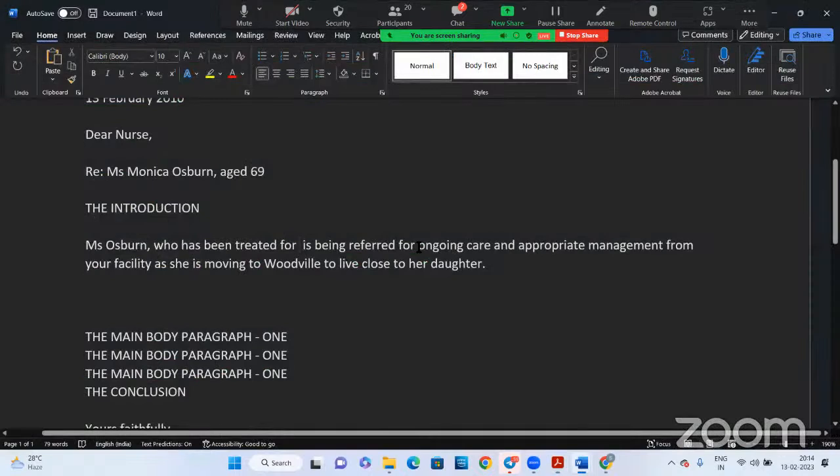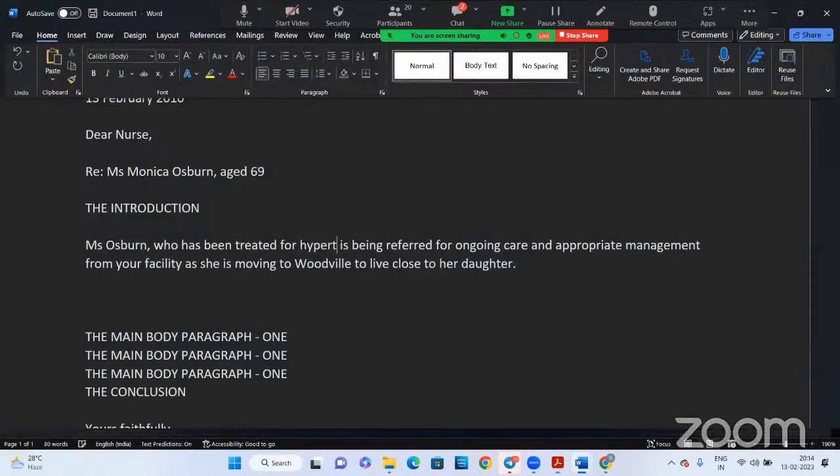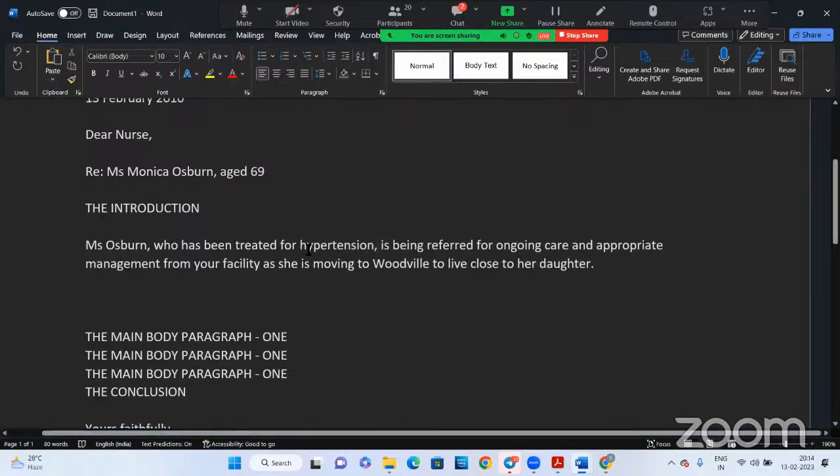Miss Osborne, who has been treated for hypertension, is being referred for ongoing care and appropriate management from your facility as she is moving to Woodville to live close to her daughter.